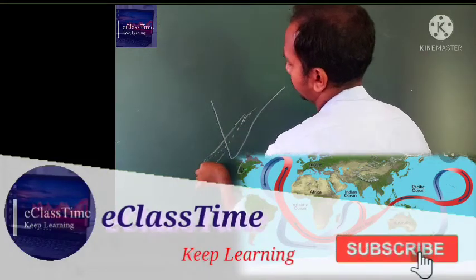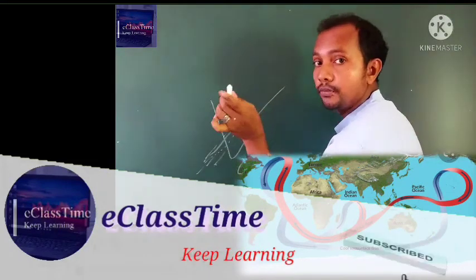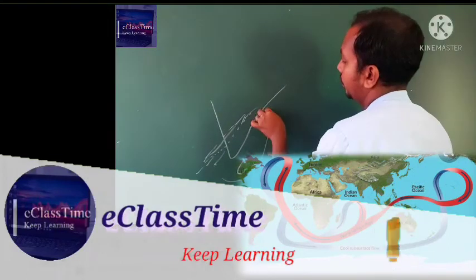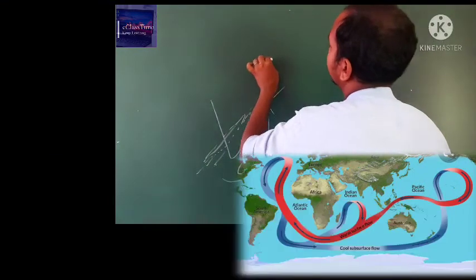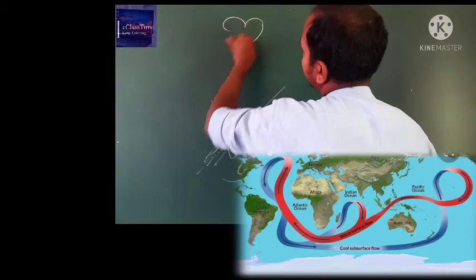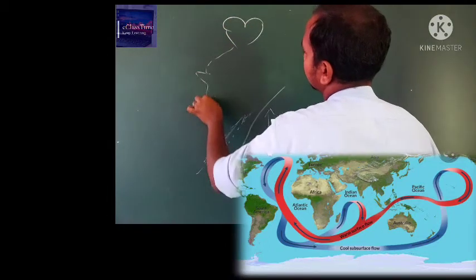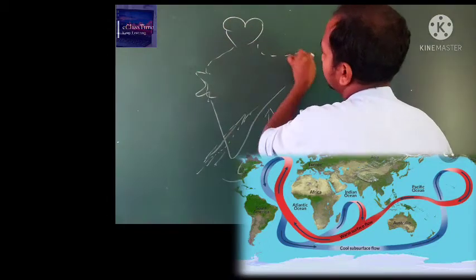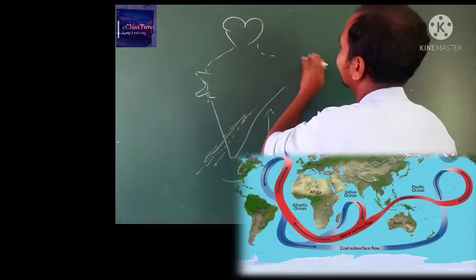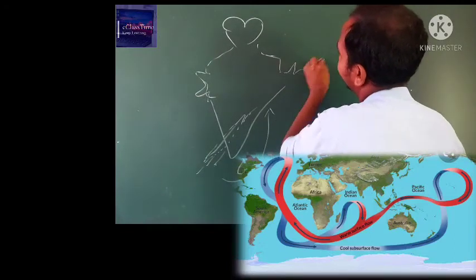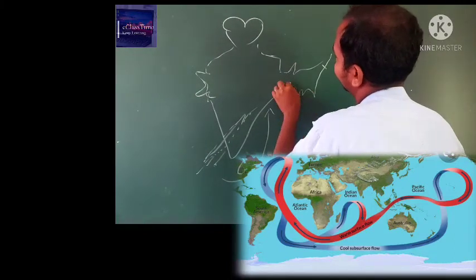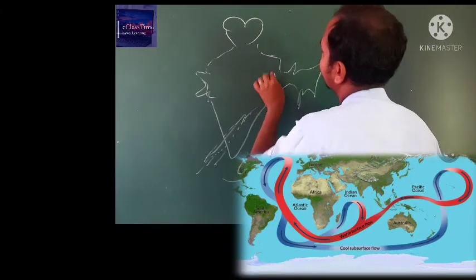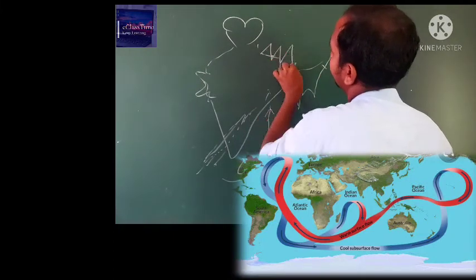When it blows from the water body, it carries so much moisture, and it blows up. Just casually drawing, friends. I hope it looks like Assam, India itself. So when it goes up, here we have the mountains.